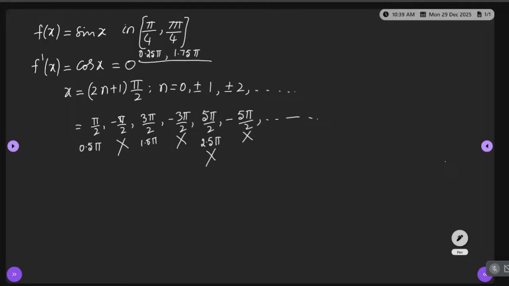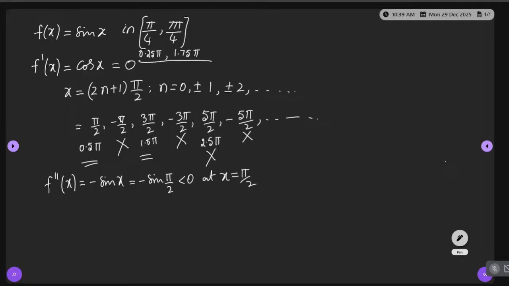You may get either maximum or minimum at these 2 points. For minimum, f double dash of x equals minus sin x. So this is equal to minus sin pi by 2, negative, at x equals pi by 2.